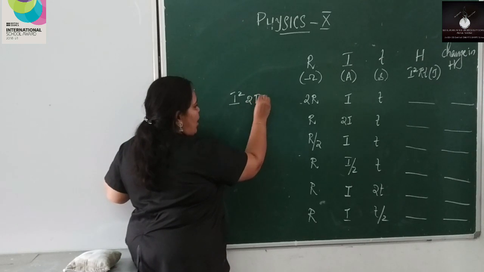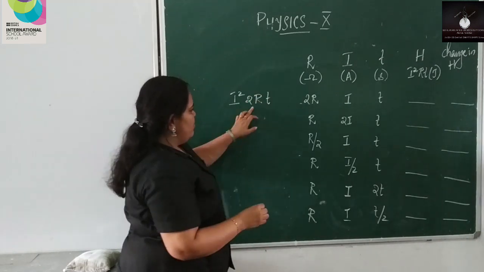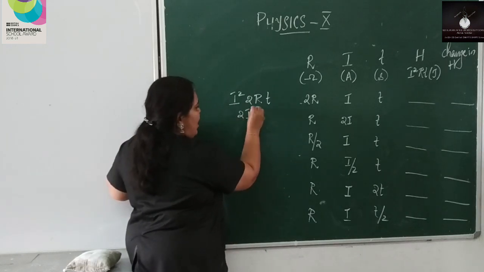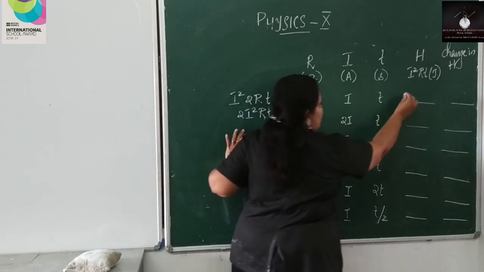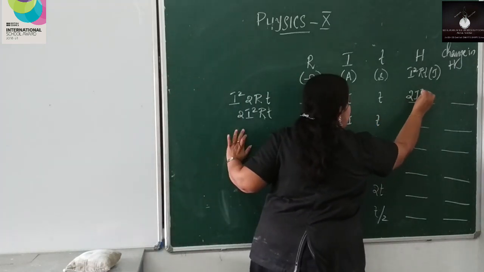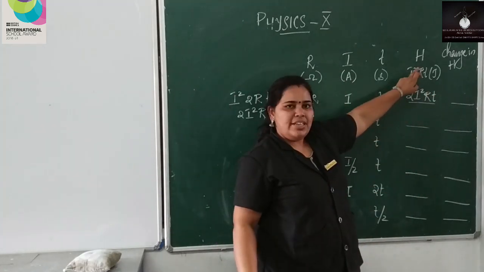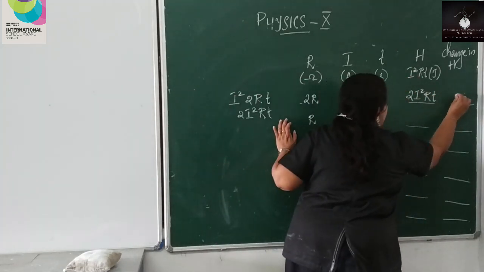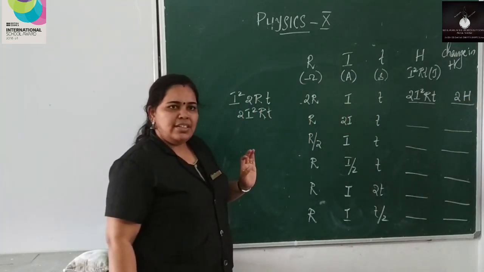And time is T itself. So it becomes 2I square RT. Is it clear? What is I square RT? It is H. So the changing heat is 2H. Is it clear?